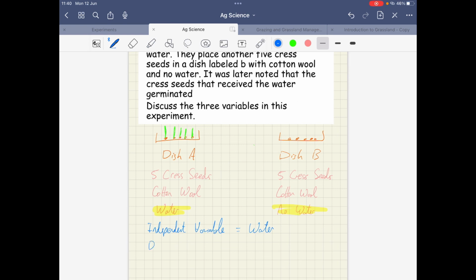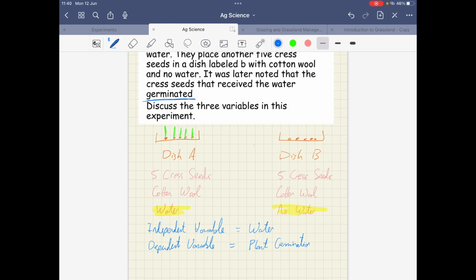In this experiment, we are measuring whether or not the cress seeds germinated. So our dependent variable is plant germination. You could be measuring the height, the length of the roots, the length of the shoots, but in this experiment, we are just told that we are measuring germination, whether or not the crop germinated.